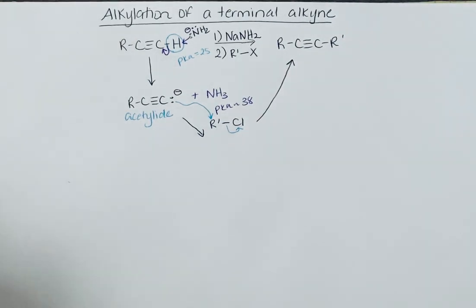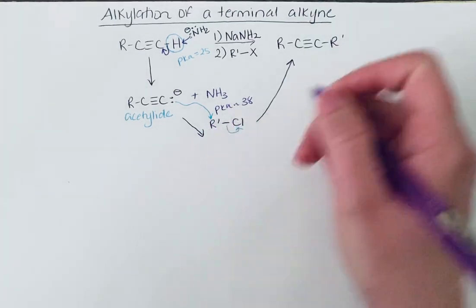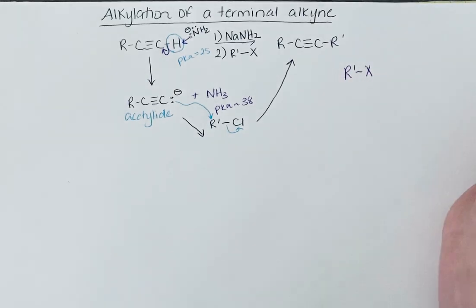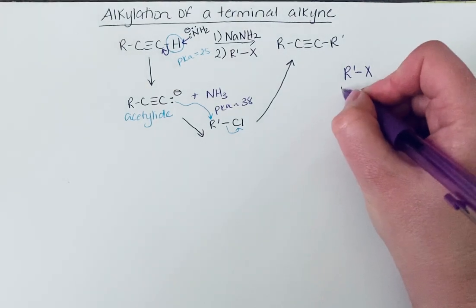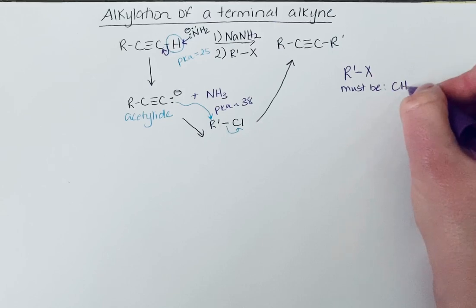We need to know a few more important details about this reaction, such as some restrictions on that alkyl halide. The alkyl halide that we use for this reaction must be relatively unhindered. So it must be either a methyl halide.